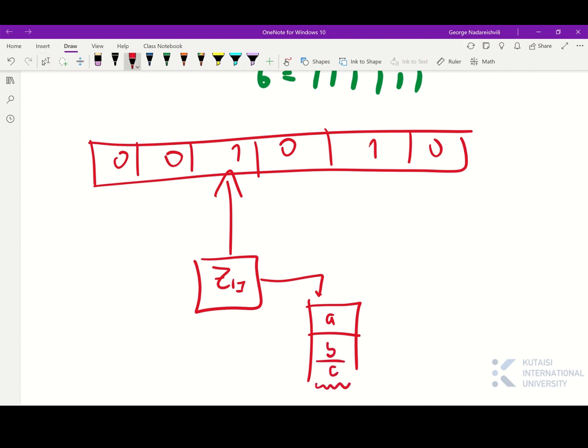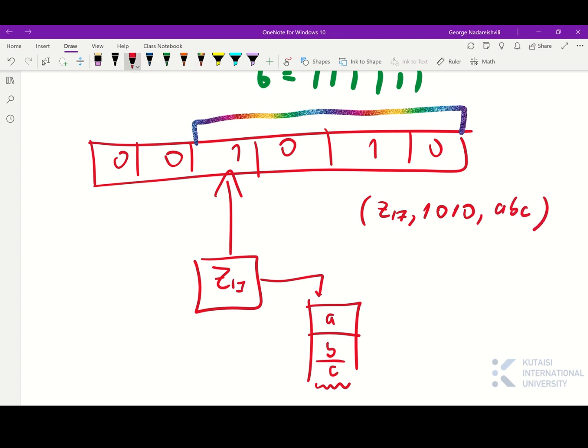Then my configuration would be Z17, 1010, the remaining word here, and ABC. Just the convention: the first letter I write is the one that is on top. I do not write CBA, I write ABC. So I read it from top to bottom. So this is my configuration. This completely determines what should follow next.